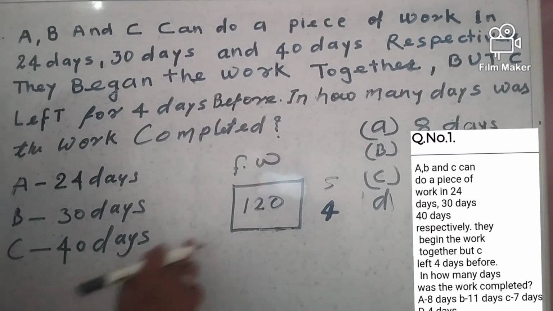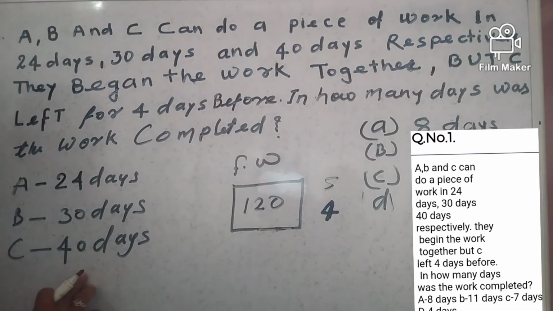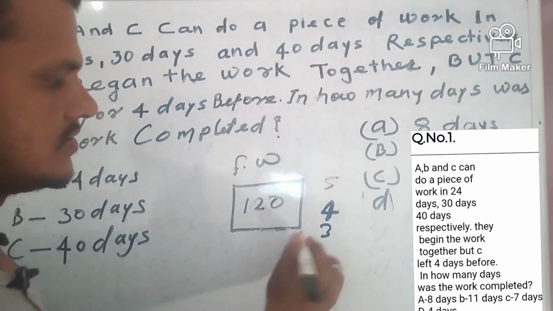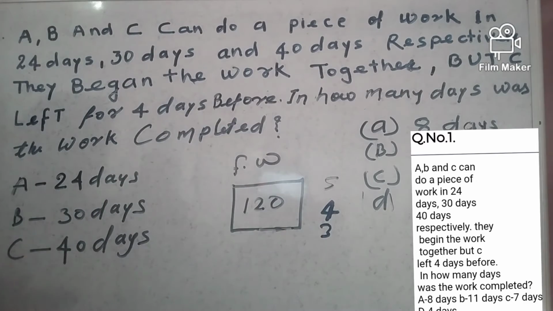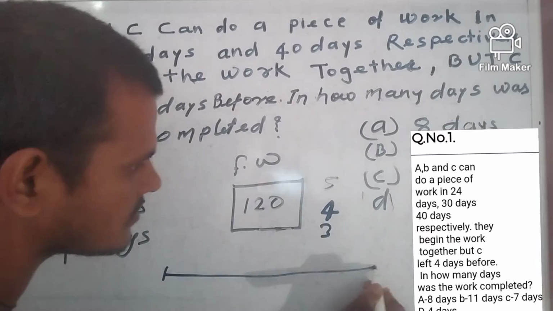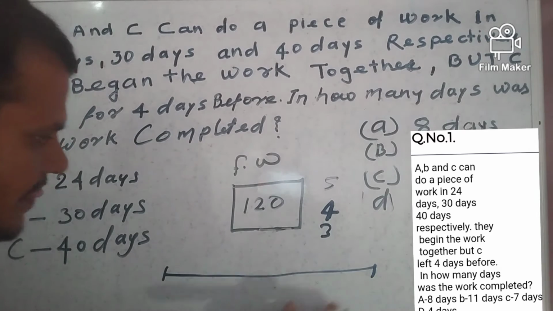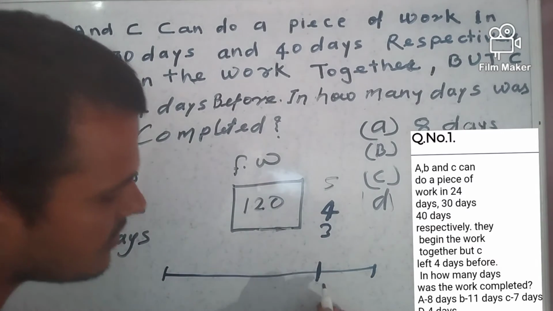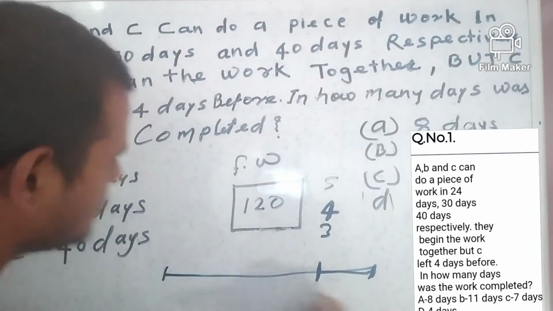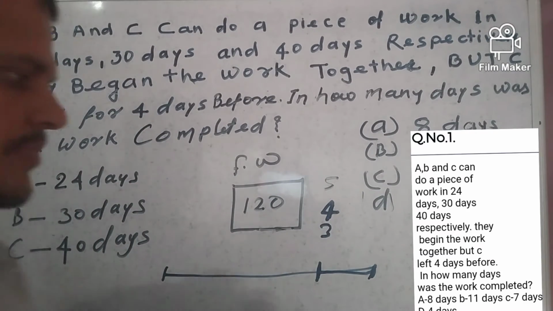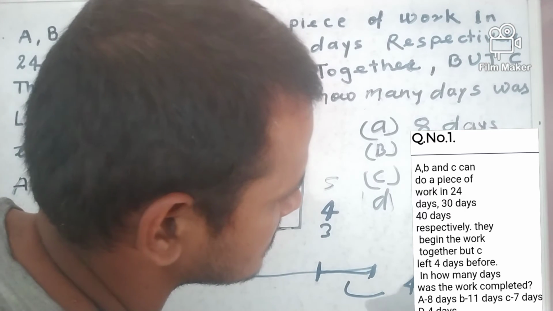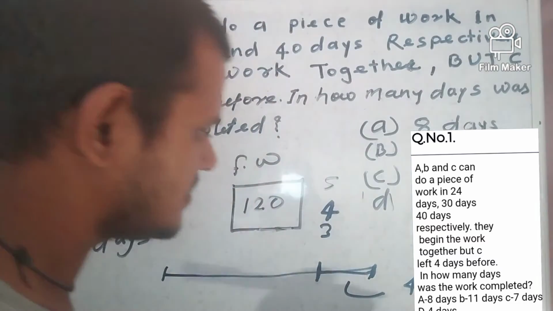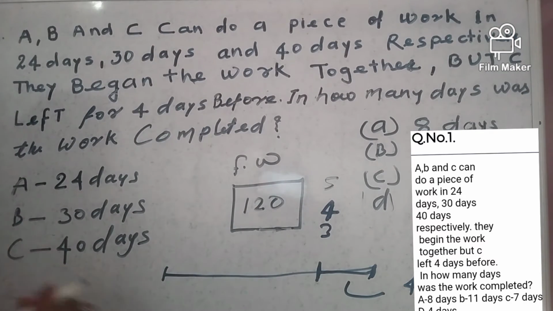Similarly, C does 120 work in 40 days, so 40 times 3 is 120, and C's efficiency is 3. C left 4 days before the end, which means for that part of the total work only A plus B will work.